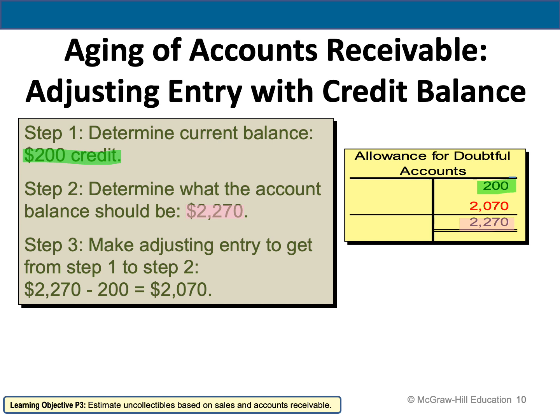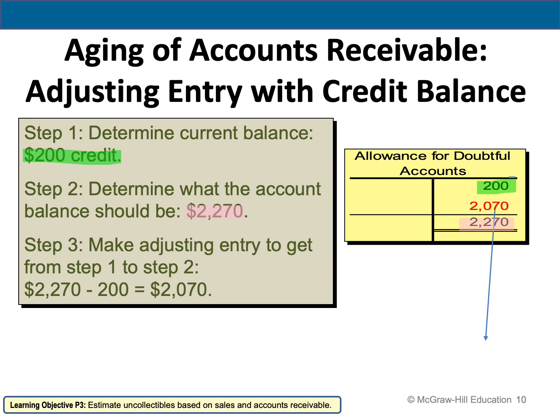So now I have 200 as a previous balance, and I have 2,270 as an ending balance. It means that there was some adjusting entry step. So if I deduct 200 from 2,270, I'm going to get 2,070. This 2,070, I'm going to use when I'm preparing the journal entry.